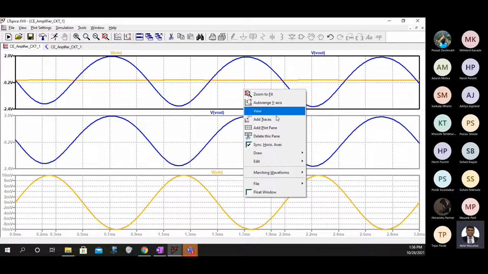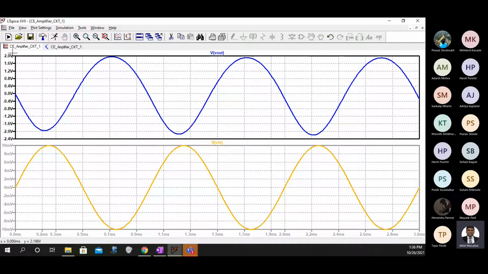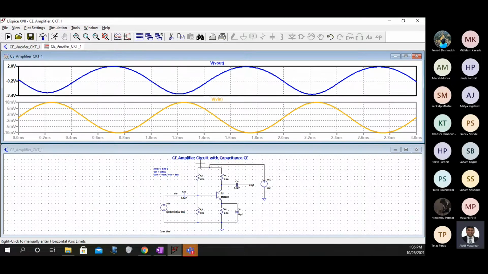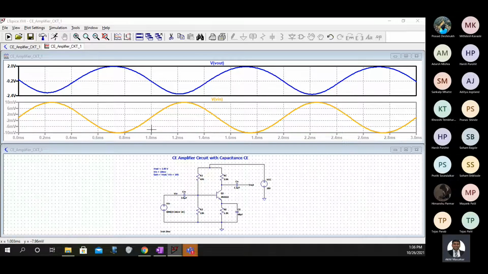That is the reason why we have plotted them in different graphs, because their y-axes are different. So just plot this and show me in the chat box. Put this in the chat box.